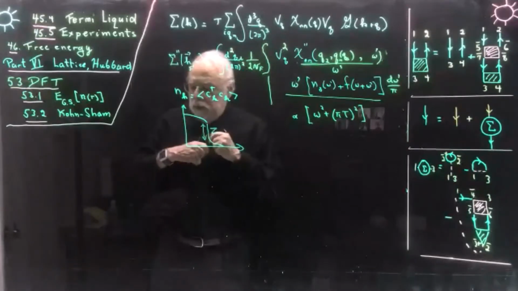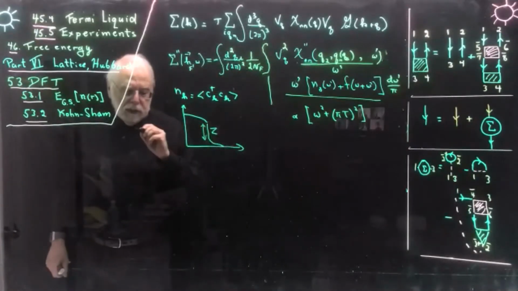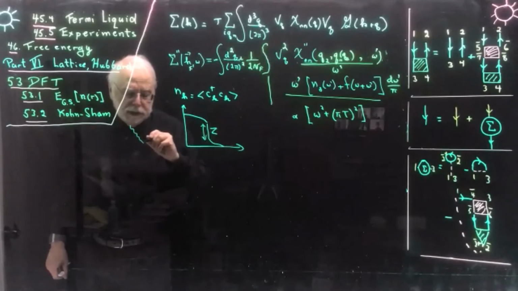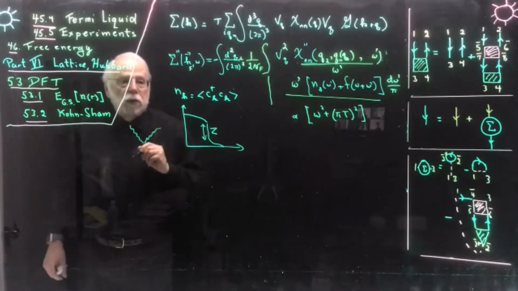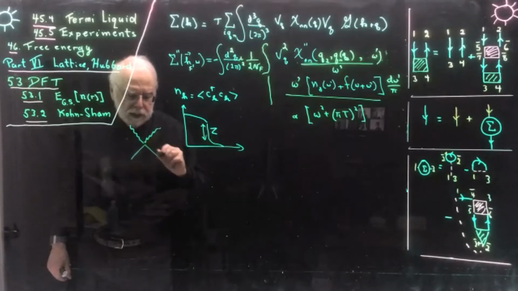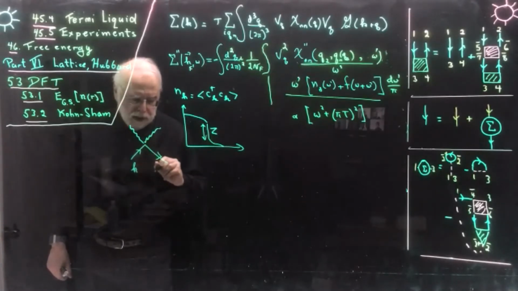So what is Compton scattering? Compton scattering is that you send a photon, a high energy photon, and the photon comes out, and the electron does this. So you go from k to k plus q.